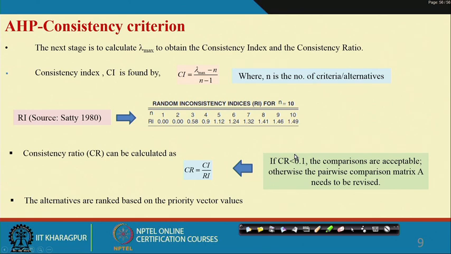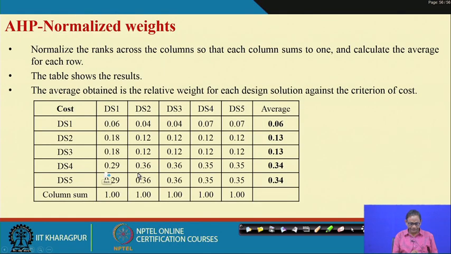Now, you have to do some test here, to check whether the comparisons given by the experts are consistent or not. You have got this matrix and finally found this average, fantastic.